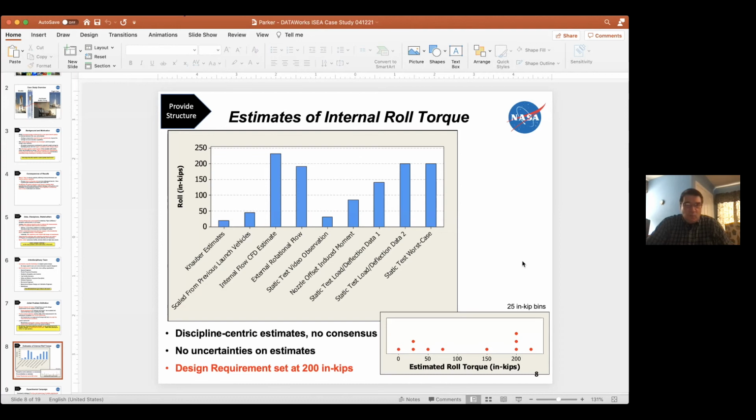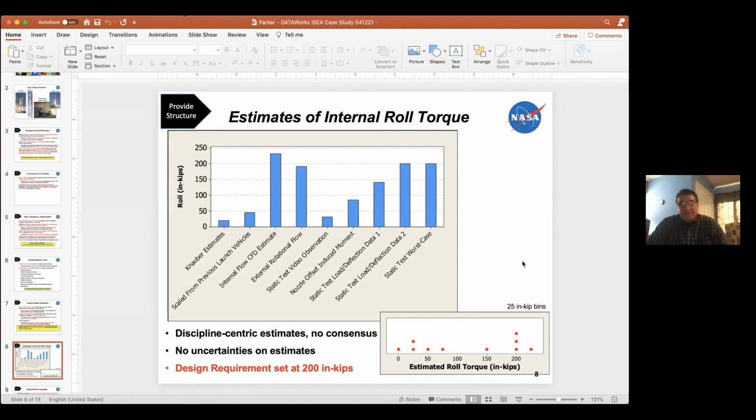All of these are different ways that that roll torque had been estimated before we got involved. And they involved previous experimental data, some innovative techniques. One was to measure the plume at the back of the rocket, the swirling motion, and to be able to detect how much torque may have been involved to create that swirl from analyzing the video.